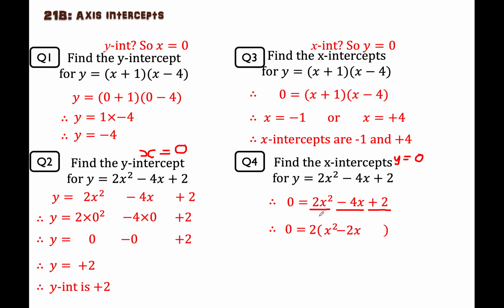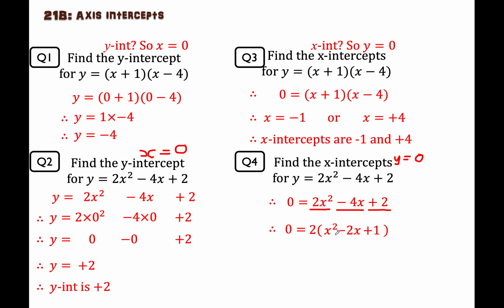And sure enough, 2 times negative 2x is negative 4x. And finally, 2 times something gives positive 2. 2 times 1. So this last term is a positive 1. Well, now that we've got a common factor out, now we can use our sum and product.